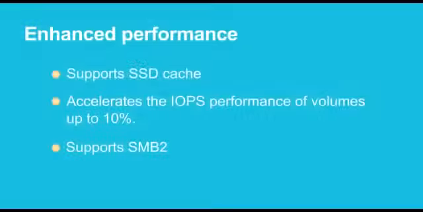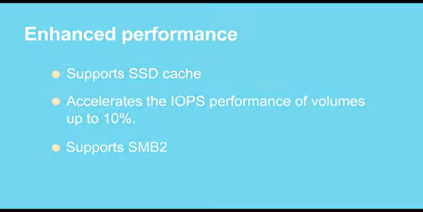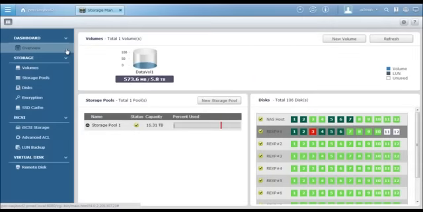The SSD cache can greatly boost IOPS performance of volumes to increase operational efficiency, especially for workloads with frequent I/O activities, and allow you to balance cost and performance by replacing expensive fast drives with SATA drives. Besides, it supports SMB2 for faster transmission speed and better concurrent access.